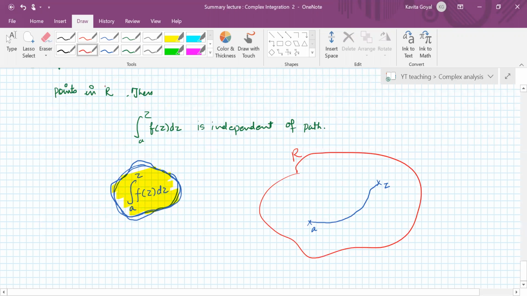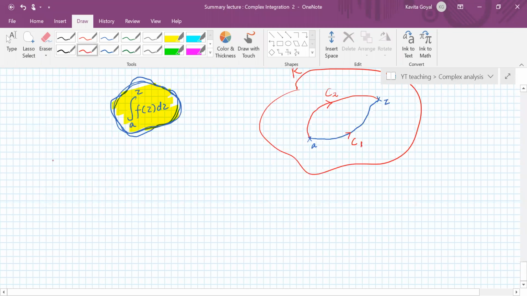So this is very simple to prove. Suppose you move along a path, call it C1, and another path, call it C2. C1 and C2 are any random 2 different paths along which you are moving from A to Z. Now with this C1 and minus C2, I can form a curve C1 minus C2, tau, which is a closed curve.